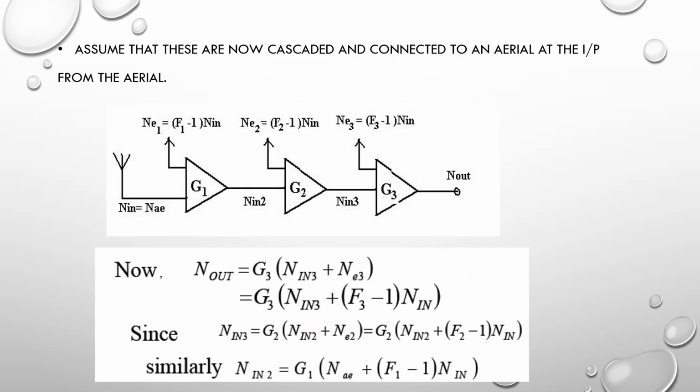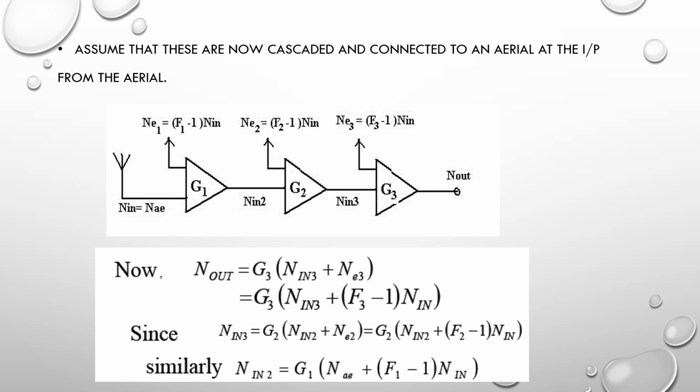In that case, as we calculated for a single element, Ne is F minus 1 into Nn, but for the first element it is F1 minus 1 into Nn. So as usual, use the recursive formula. What is N out? G into Nn plus Ne, but what is the N out here? G3 into Nn3 plus Ne3.